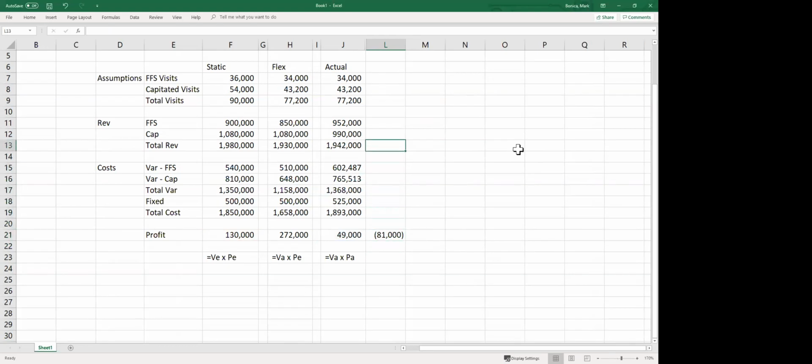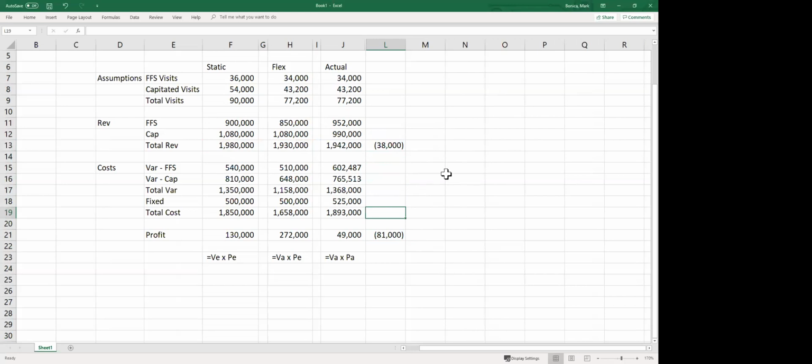Revenue variance is done the same way because we want our actual to be bigger than our expected. So it's actual minus static, and it's negative, and that's bad, right? Because we wanted actual revenue to be greater than what we expected. It's actually less, so that's a negative number. That's bad, right?